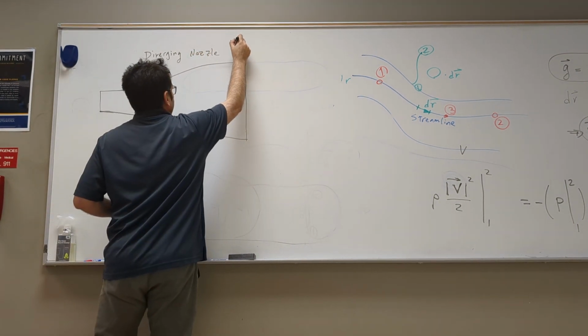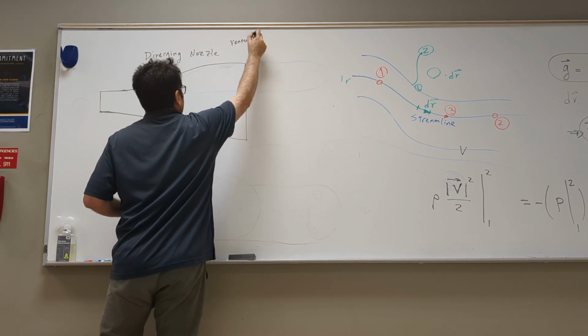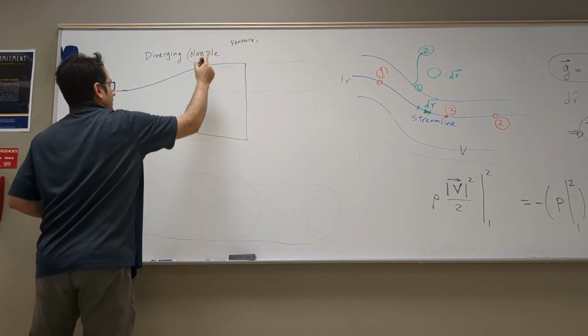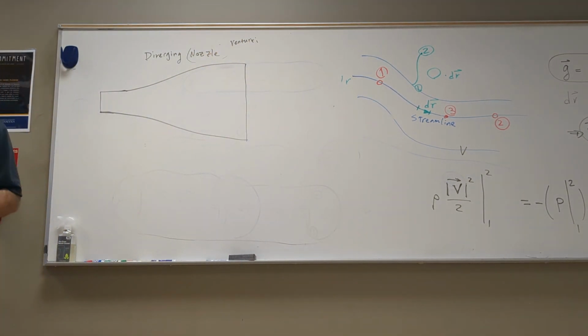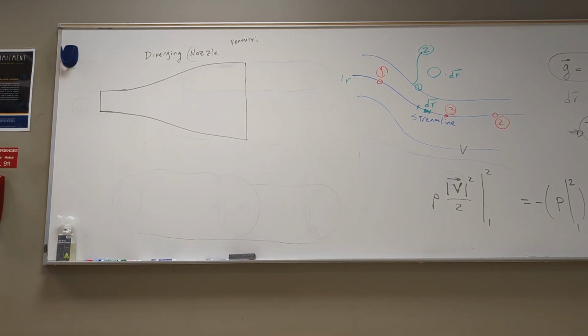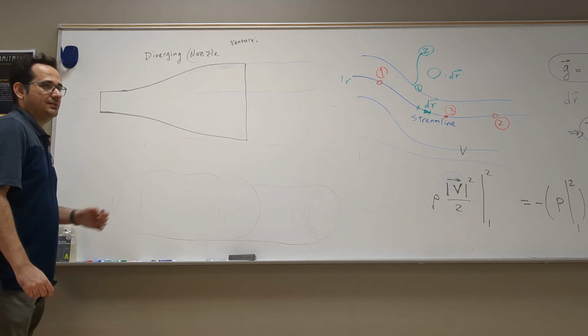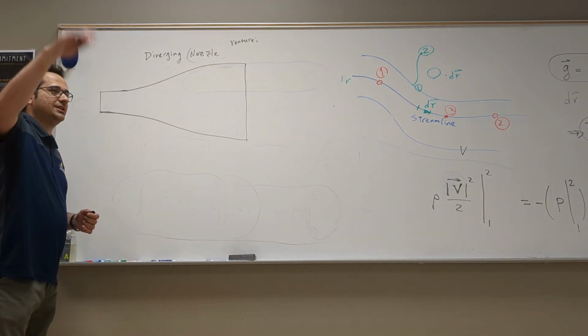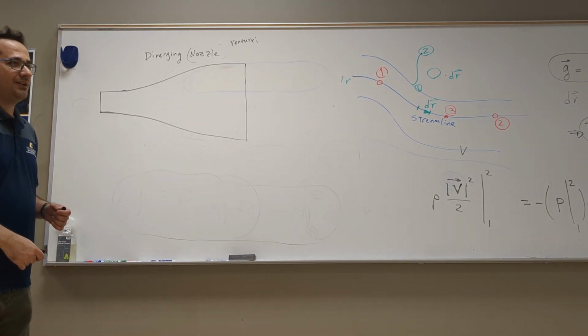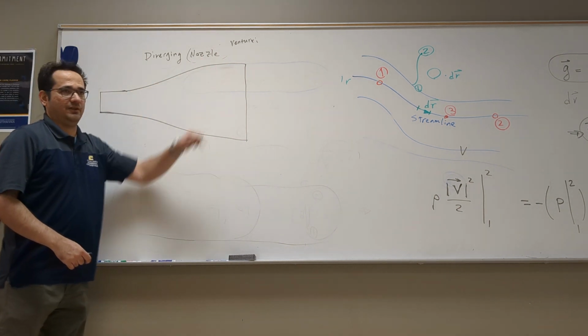People call it Venturi, but aerospace engineers, they always call it nozzle. They don't like all this vocabulary they make. The only thing they like is orifice. Then you see a bunch of other things they made, old school mechanical engineer. Aerospace, you just say nozzle.